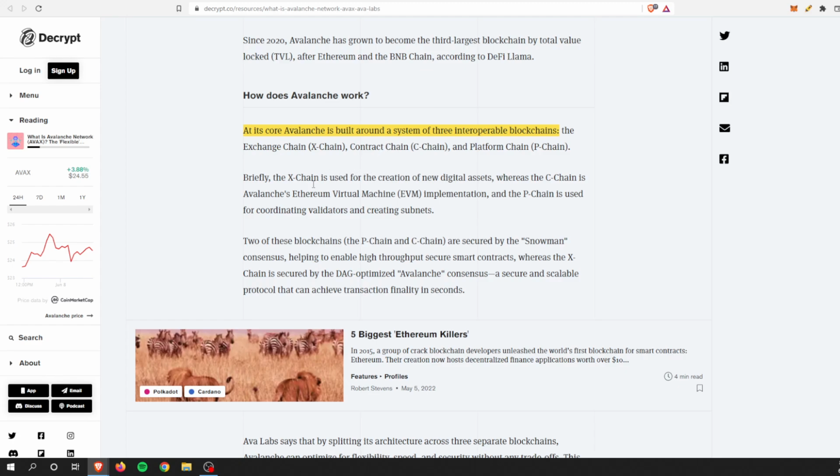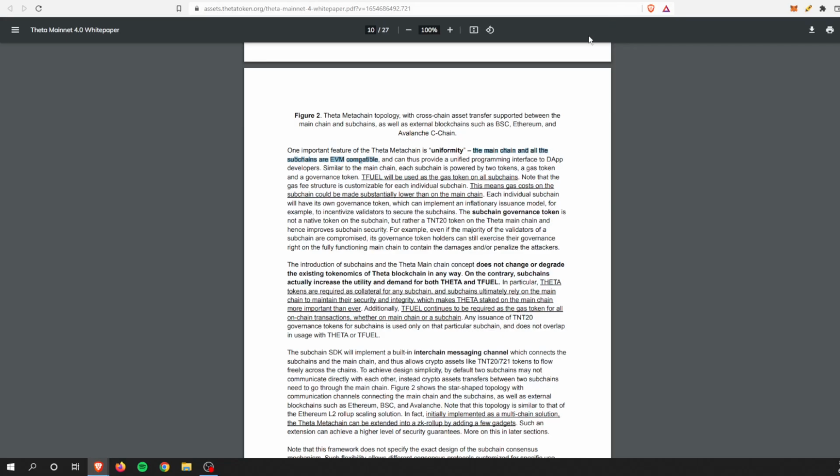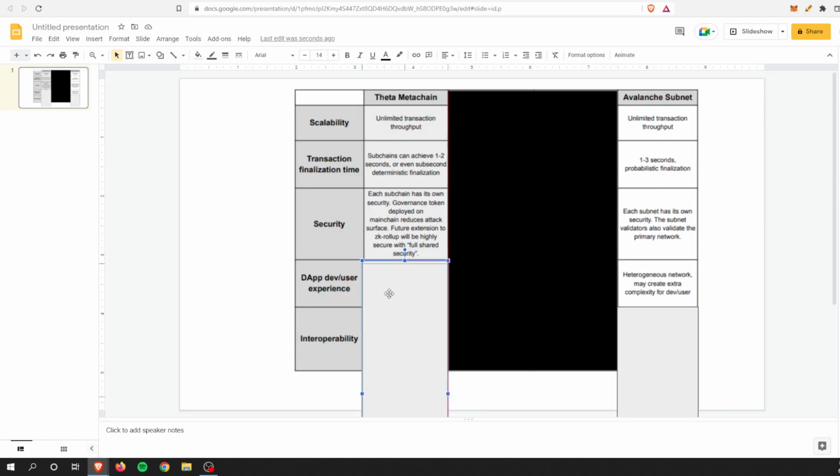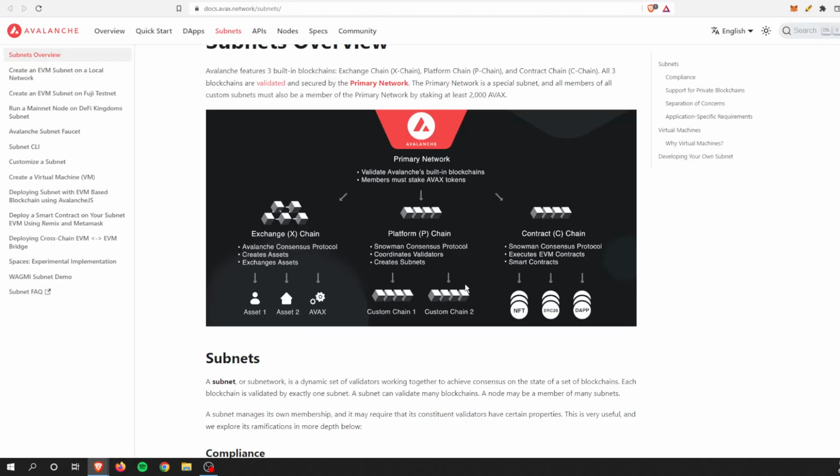One of those blockchains is very EVM compatible. So I don't know if it's quite as easy as Theta. Theta, as we know, is extremely EVM compatible, where it's more developer user friendly, unified program interface, EVM support across the board. So I guess that is one difference. With Avalanche, it is EVM compliant with just one chain.